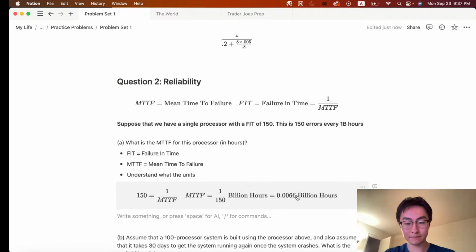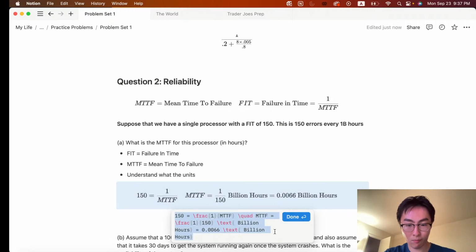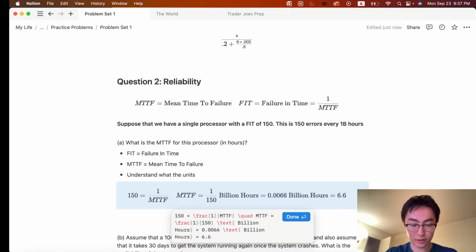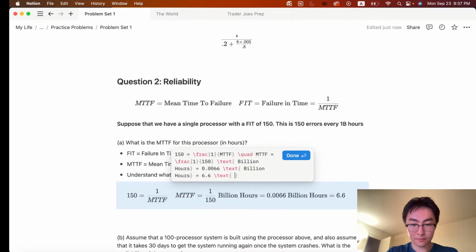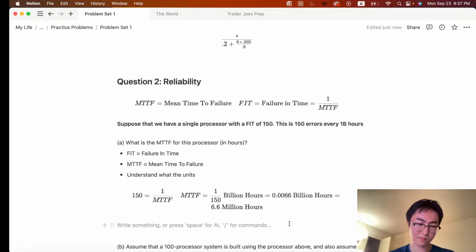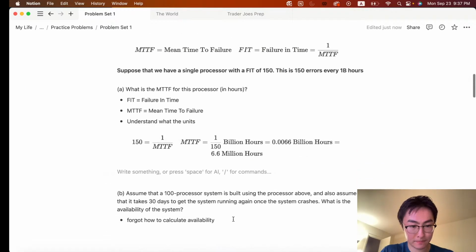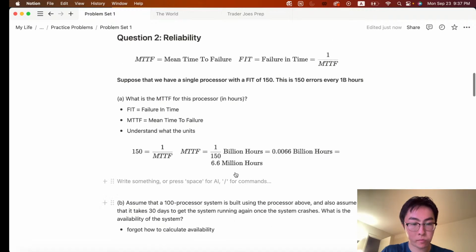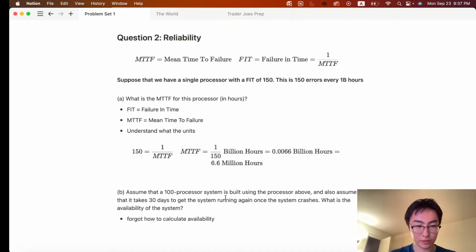I'm going to put that there for now and see if that's right.